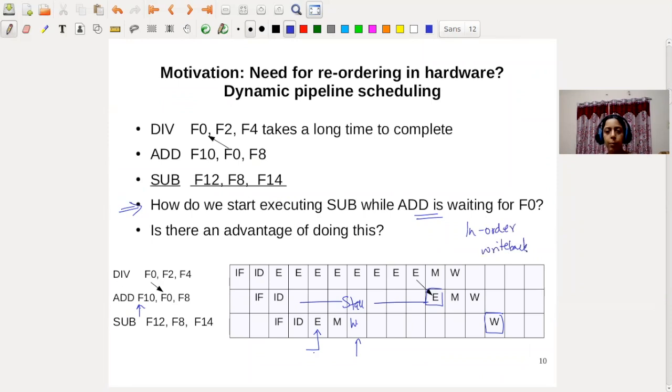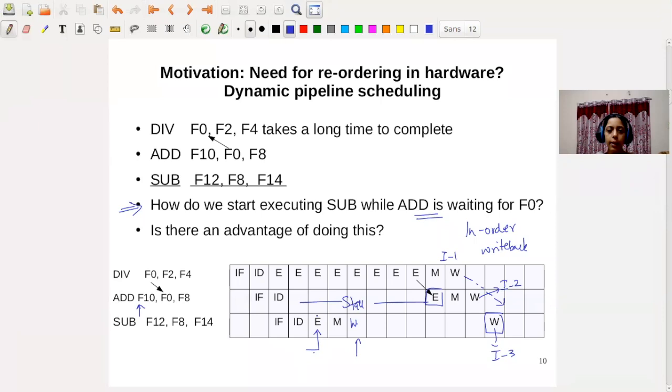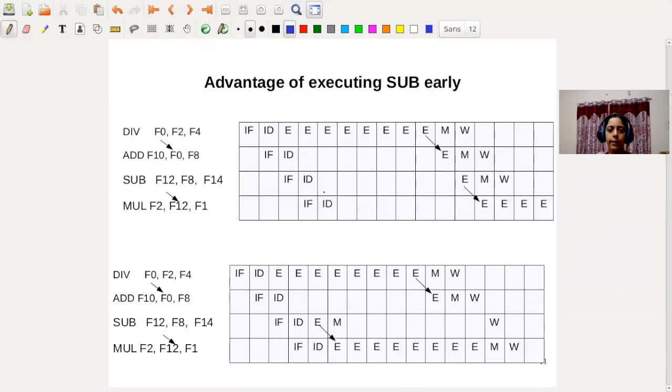So we are going to write back in the same sequence as the instructions are fetched. So the first instruction has to complete its write back, then the second instruction completes, and then the third instruction completes. So we are going to follow the same sequence, but we are going to start the execution early. So now what is the advantage of executing sub? So let us look at the two scenarios. So in the first scenario, you're stalling all the instructions.